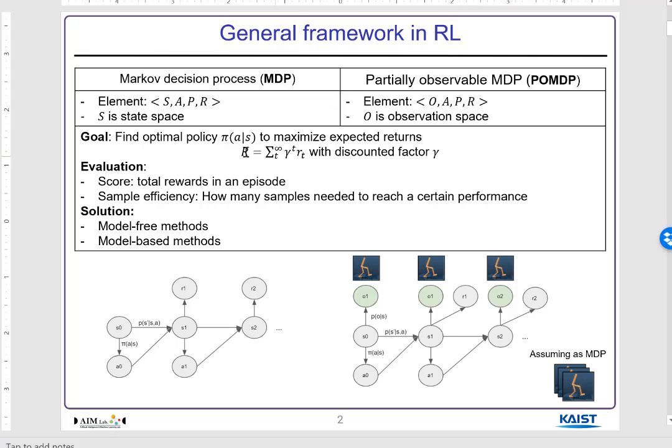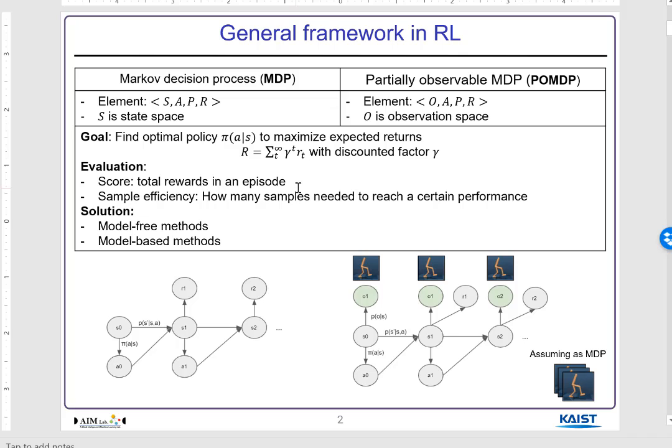The final goal of both frameworks is to find the policy that maximizes the expected return, which is defined like this, with gamma the discount factor, over the infinite horizon.